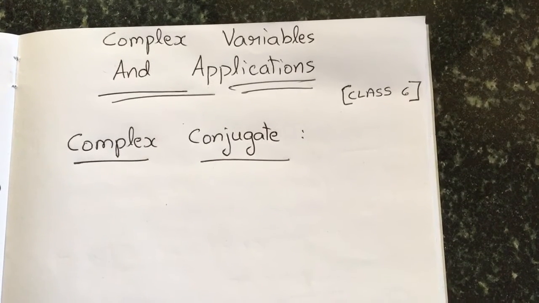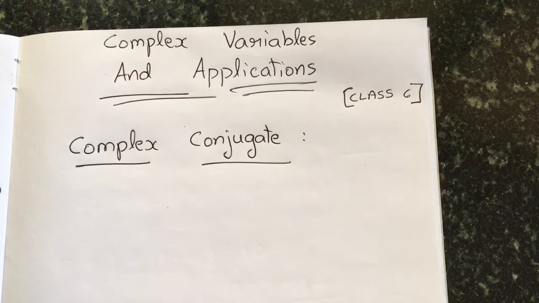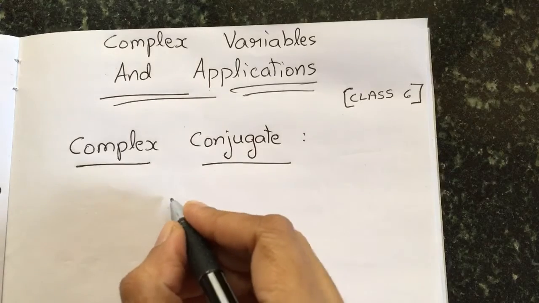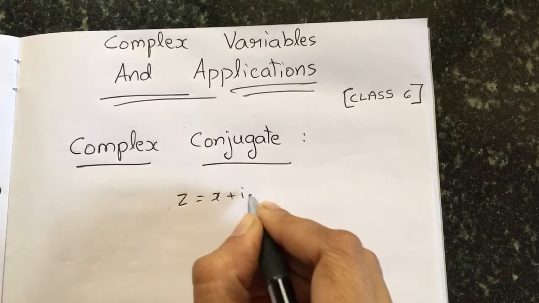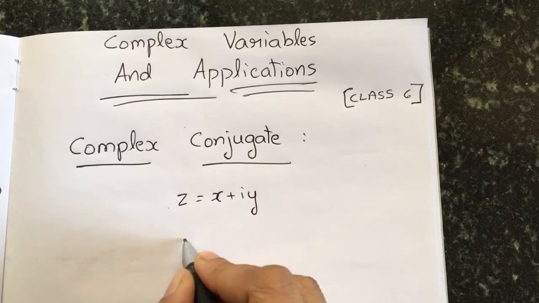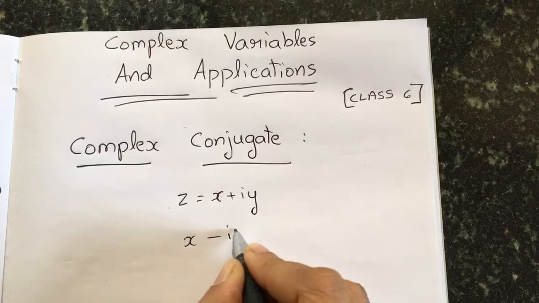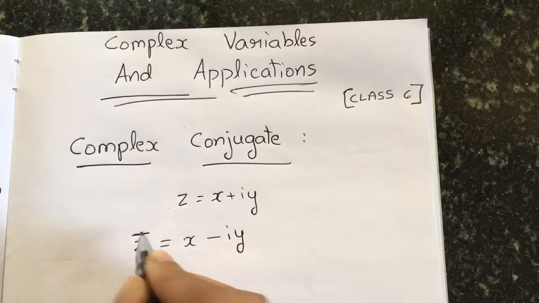Welcome to Math World. Today's class, let us learn one more operation on complex numbers, that is finding a conjugate of a complex number. The complex conjugate, or simply the conjugate, of a complex number, say z equal to x plus iy, is defined as the complex number x minus iy and is denoted as z bar.